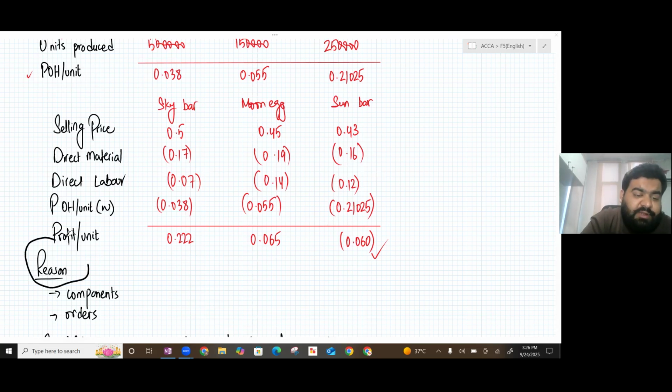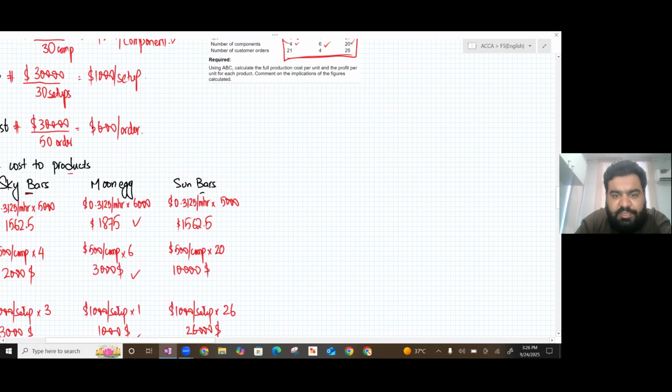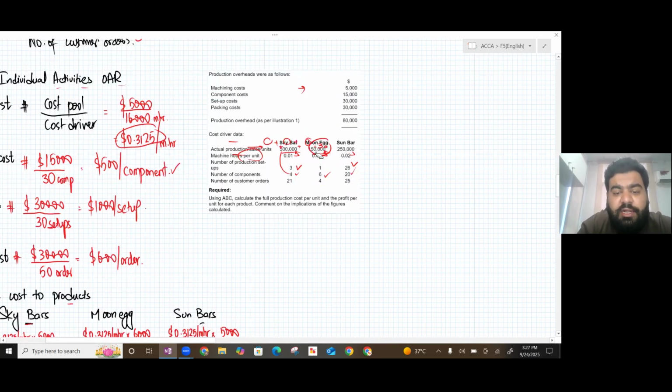There are some reasons as well. First reason I have written is components. If you see the last question we did in yesterday's class, the number of components in Sunbar is much higher as compared to other products.